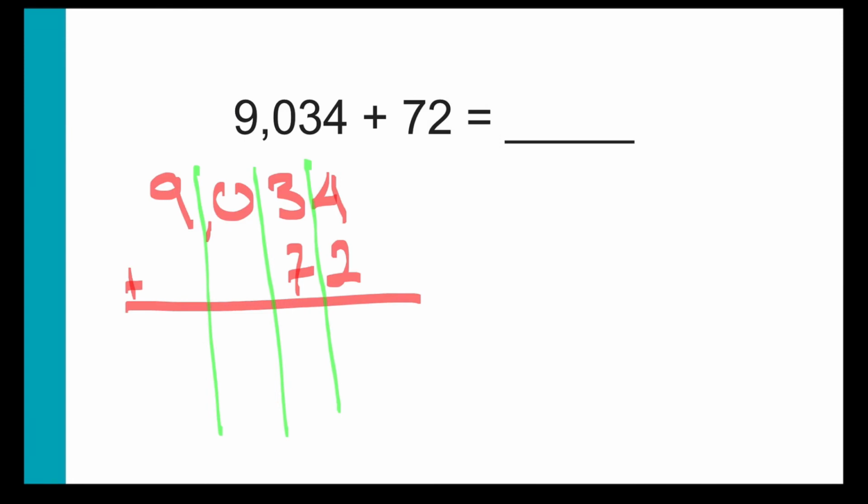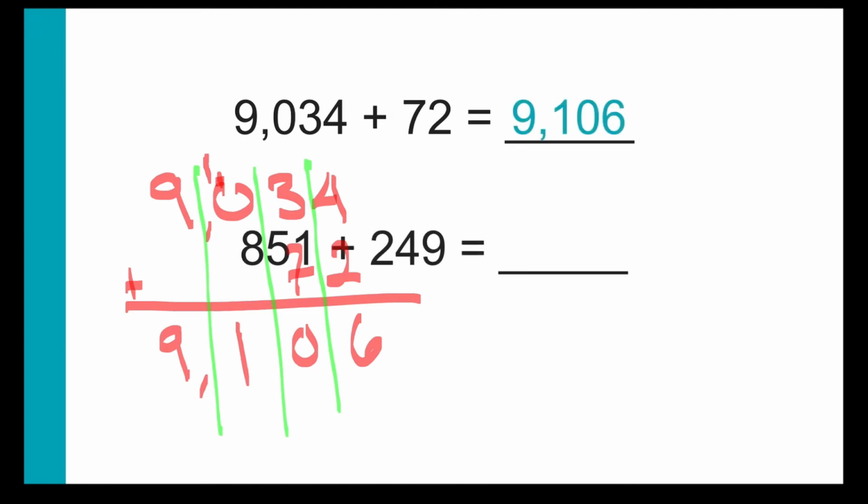And we just go through and we add them. 4 plus 2 equals 6. 3 plus 7 equals 10. So we put the ones value down here and the tens value up here. 0 plus 1 is equal to 1. And 9 plus 0 equals 9. So 9,106. Bingo!